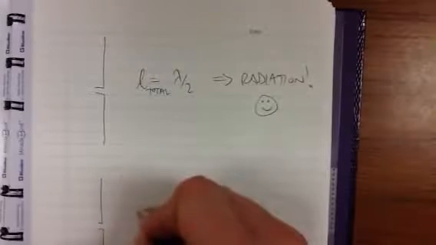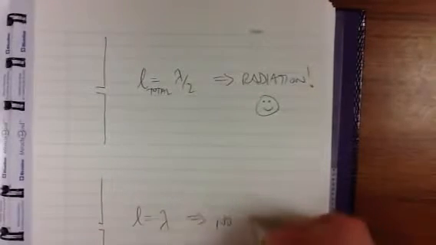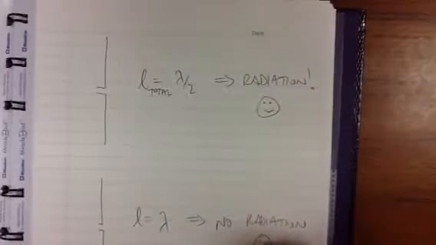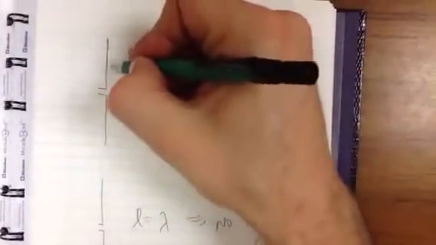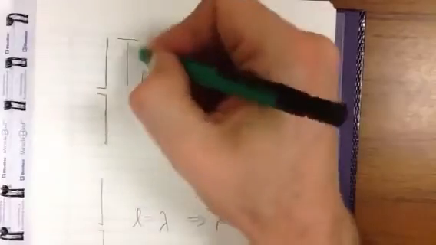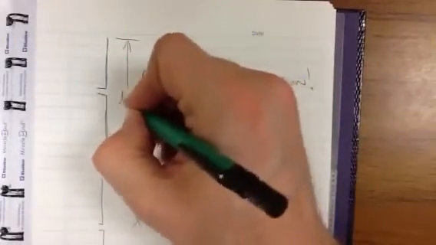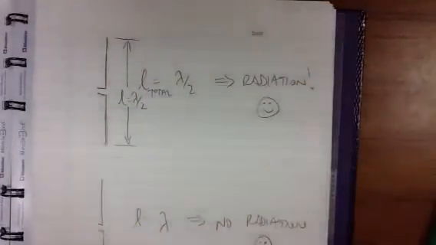If we say length is equal to lambda, no radiation. So there's a reason they call the half-wave dipole a half-wave dipole: it is most efficient, radiating the highest percentage of power, when the total length is half a wavelength. Half-wave dipole. That is why.